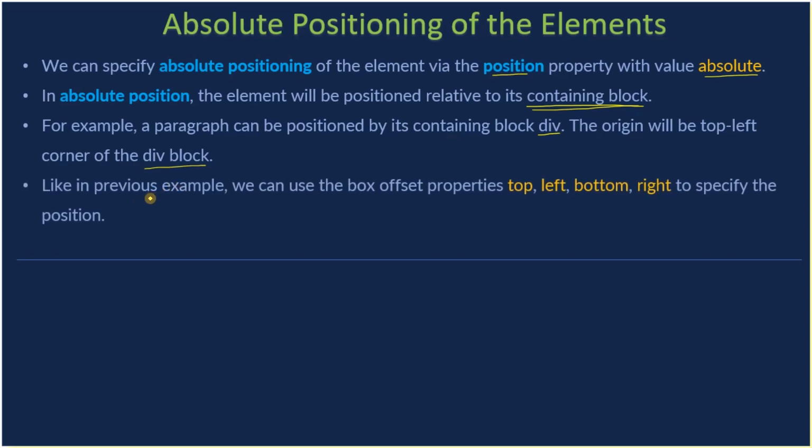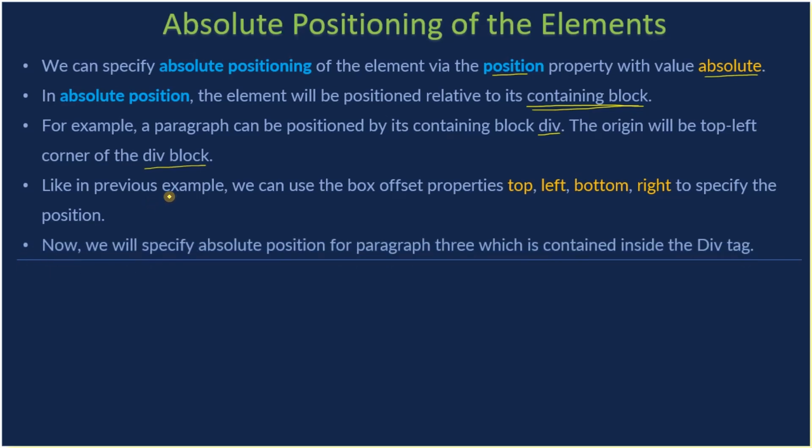Like in the previous example, we can use the box offset properties top, left, bottom, right to specify the position. Now we will specify absolute position for paragraph 3, which is contained inside the div tag. That means we will be continuing from our previous example.